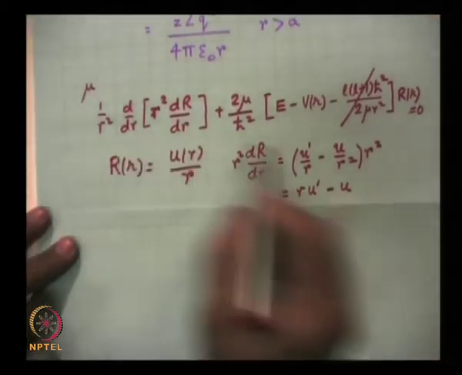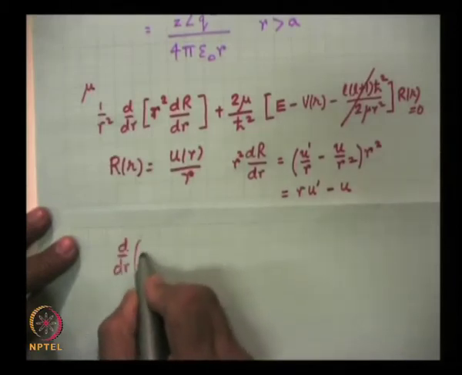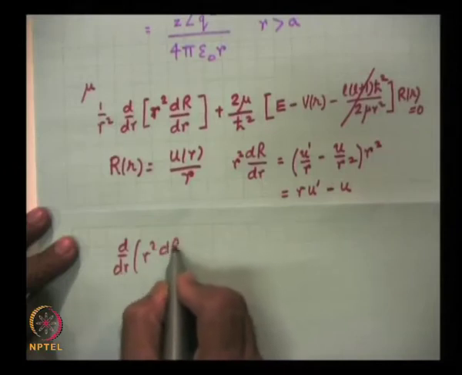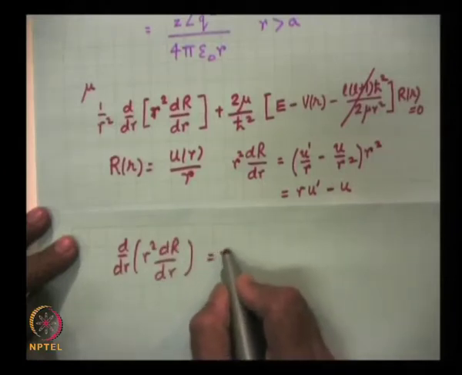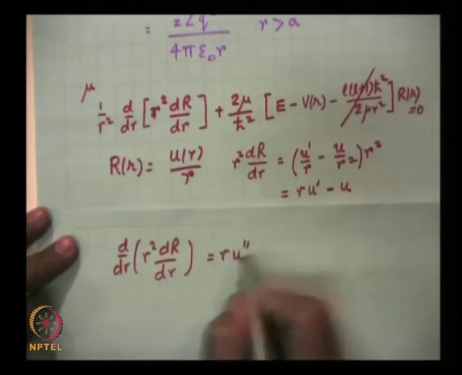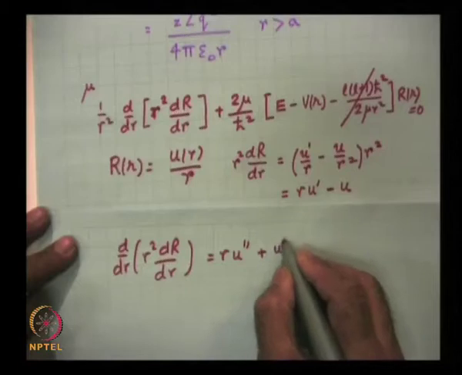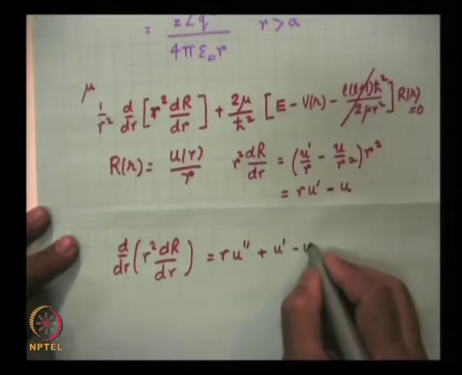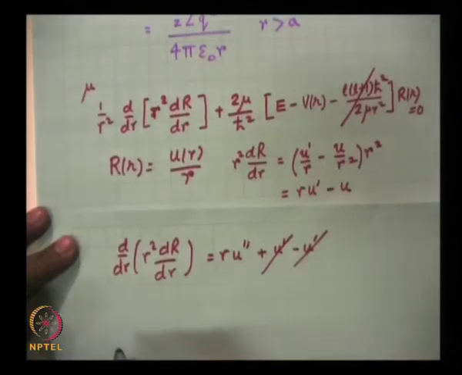I then differentiate this, d by dr of r square dR by dr. This will become r u double prime, d2u by dr square, plus u prime, and the differential of the other term is minus u prime, so these two terms cancel out.